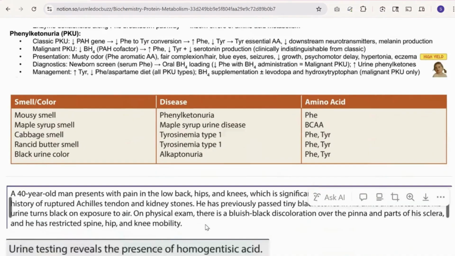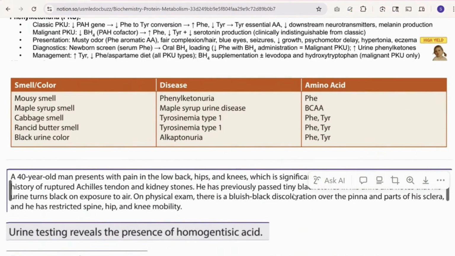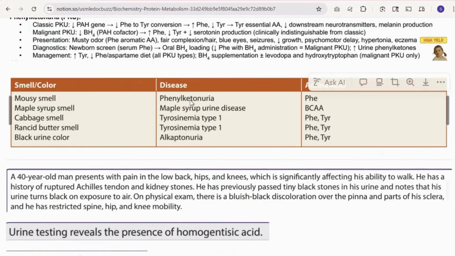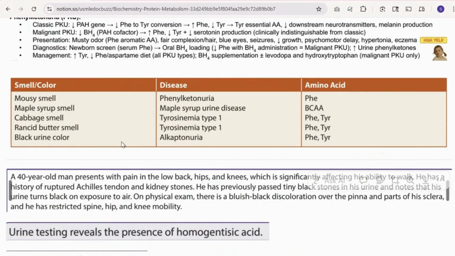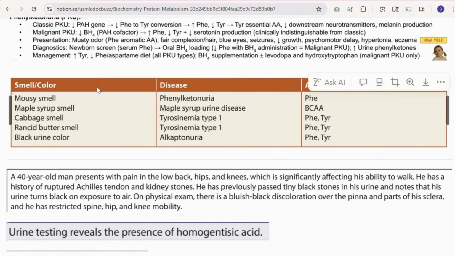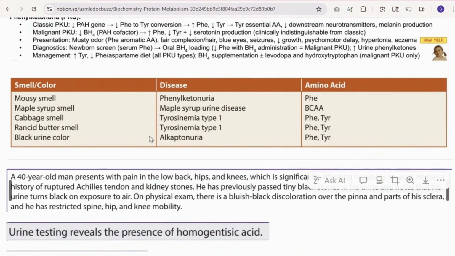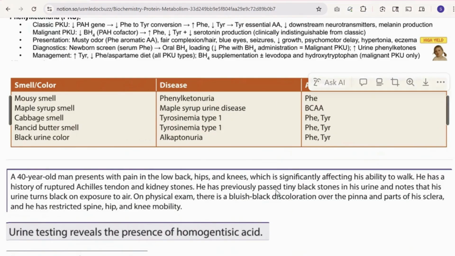Okay. Now, I found this great diagram to help you summarize a lot of these diagnoses. If they say mousy smell, it's phenylketonuria. Musty smell, phenylketonuria. Maple syrup, MSUD. Well, we're going to look at it. Cabbage smelling person, tyrosinemia.